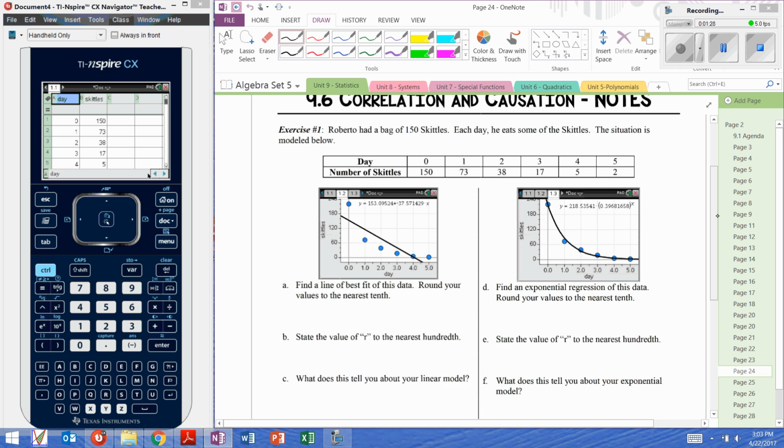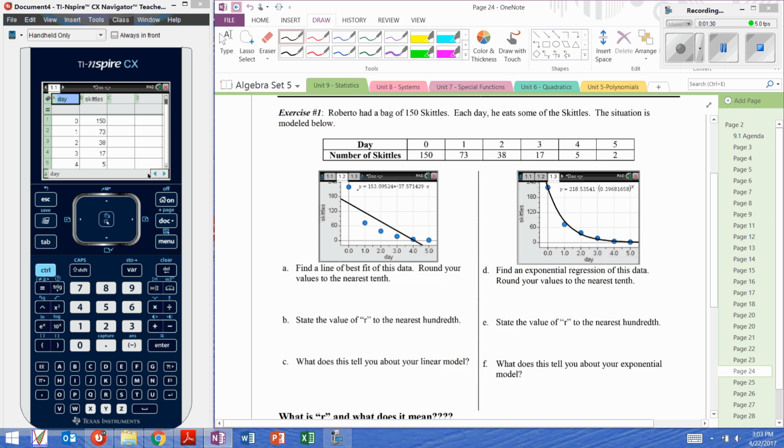Well, the nice part about what they gave us is they've already given us the line of best fit. It shows it right here for both the linear regression and the exponential regression. So our job is just to round to the nearest tenth for both of our equations.